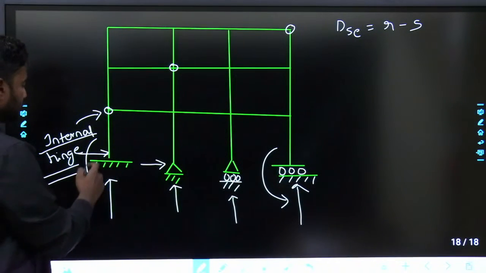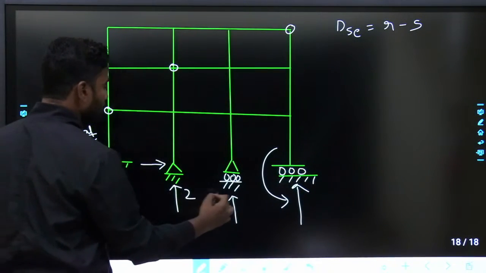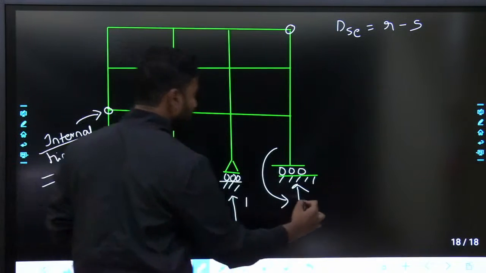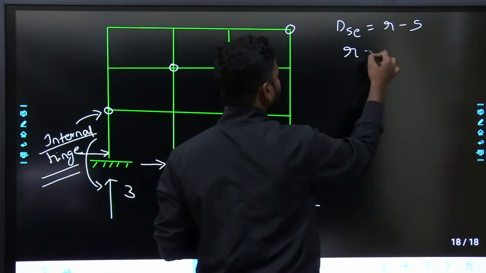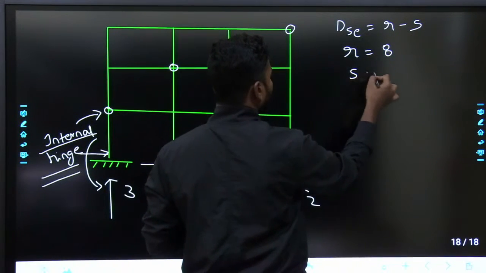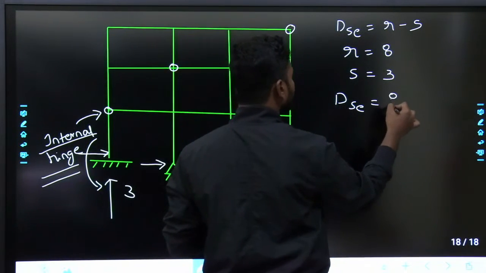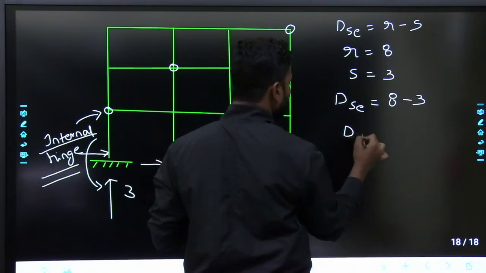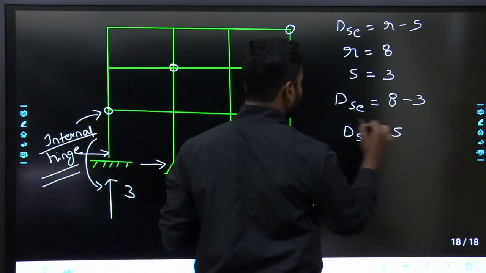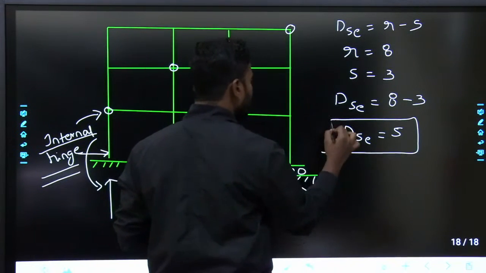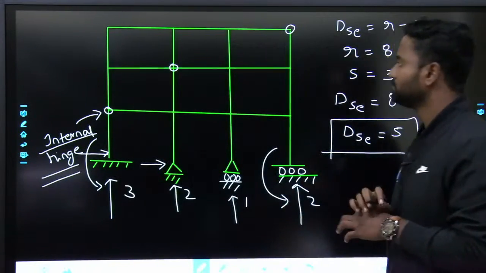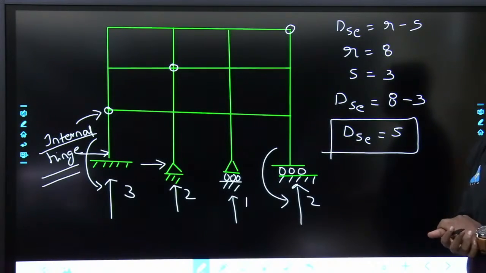Number of reactions is 3, 2, 5, 6, 8. So number of reactions is 8. Number of equilibrium equations is 3. So DSE is equal to 8 minus 3. DSE is equal to 5. External indeterminacy is 5. Well and good, easy.